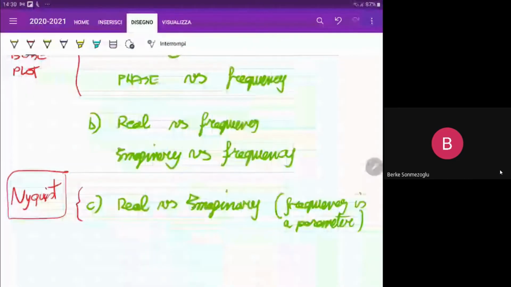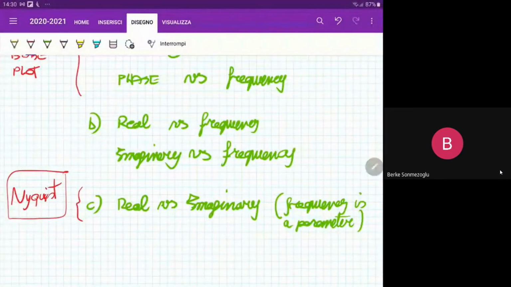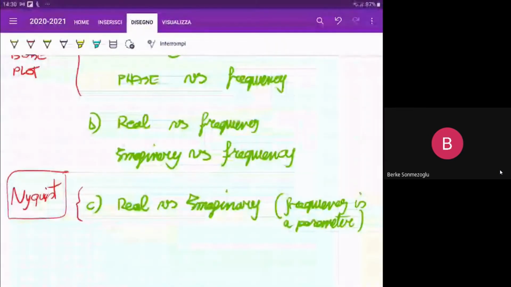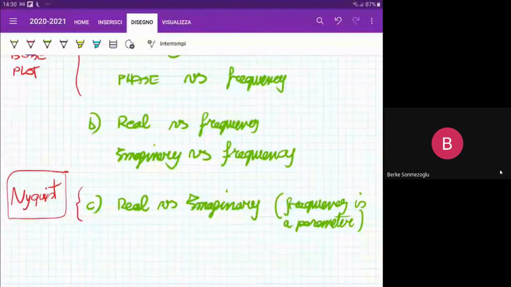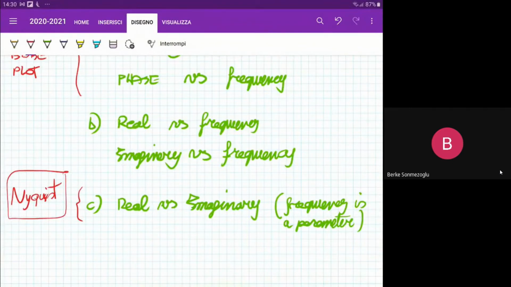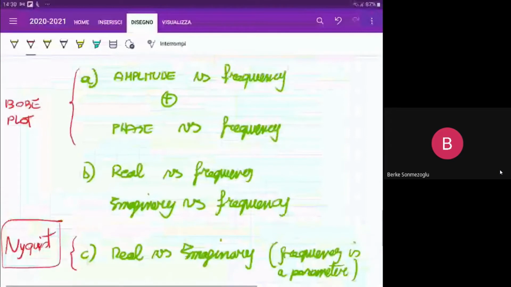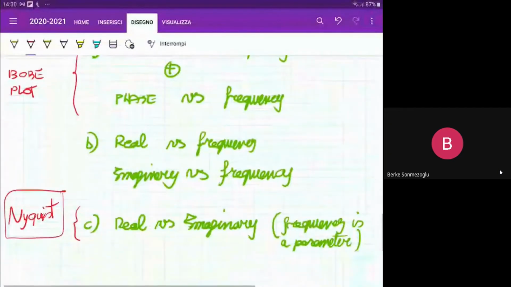Okay, and typically, when you are referring to the frequency response function, you need both of the two representations, and that could be either the amplitude and phase or real and imaginary, generally speaking.